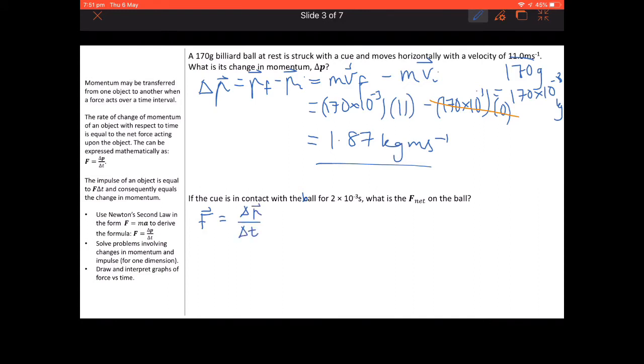The time that the cue is in contact with the ball for is 2 by 10 to the negative 3 seconds, and our change in momentum is 1.87 kilogram meters per second. So pop those in, 1.87 divided by 2 by 10 to the negative 3, and our resulting net force on the ball is 935 newtons.